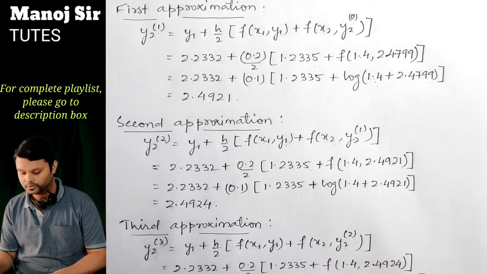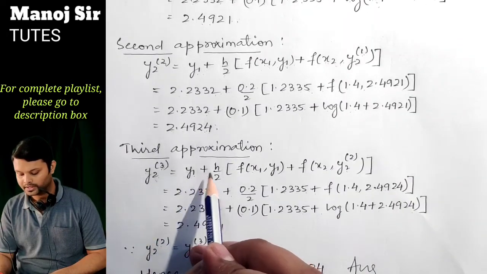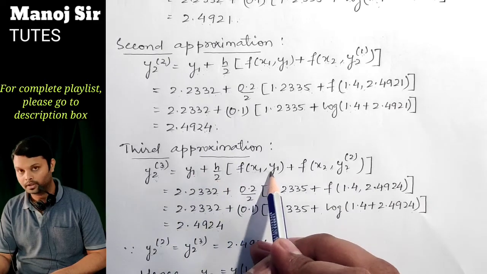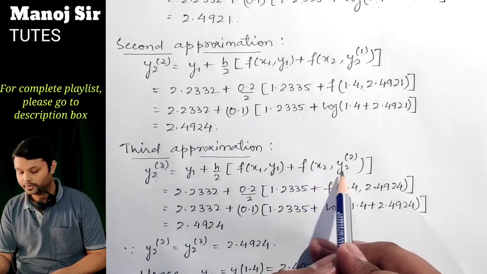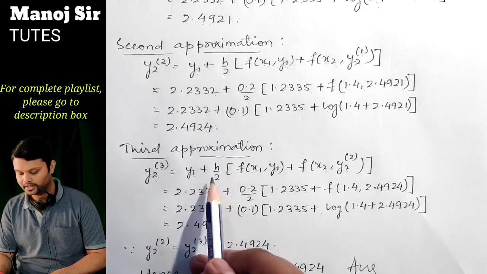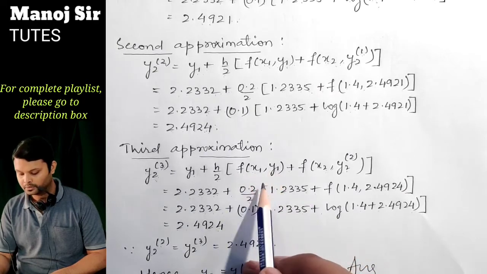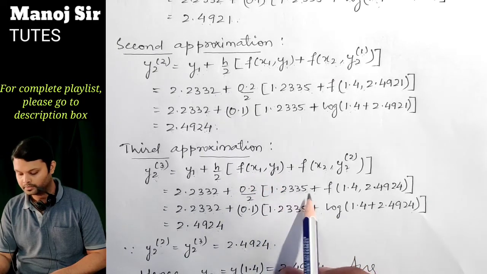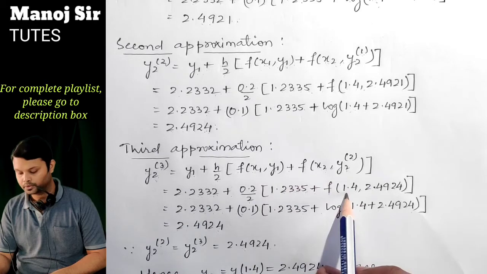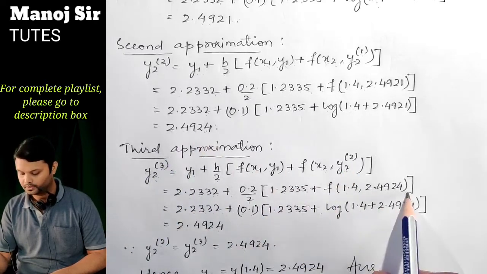So we'll go for the third approximation, y2 3, that is equal to y1 plus h upon 2 into f of x1 comma y1 plus f of x2 comma y2 2. What is y1? That is 2.2332 plus h upon 2, that is 0.2 upon 2. This value is 1.2335, plus f of x2 is 1.4, and y2 2 is 2.4924.